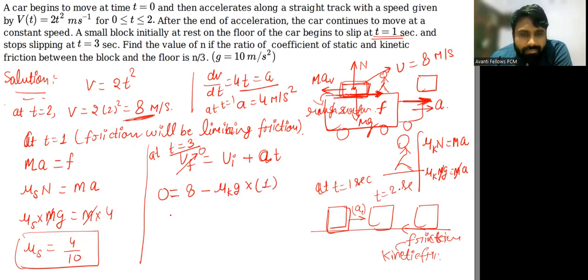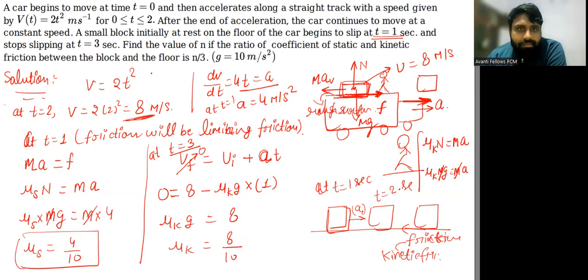So you will take mu k into g here. Mu k into g is equal to 8. So mu k you will have as 8 upon 10.